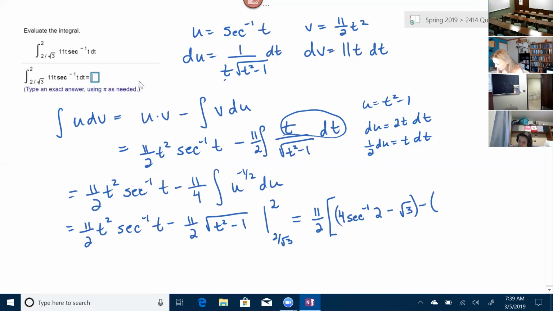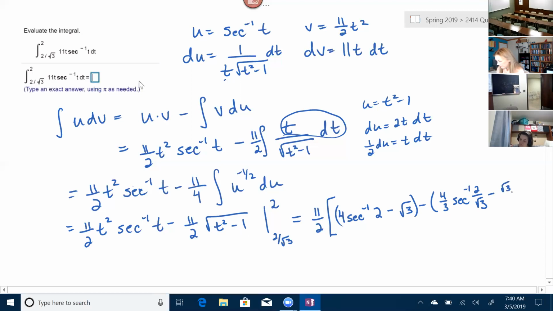And then I'm going to plug 2 divided by the square root of 3 in, which will be 4 over 3 times the inverse secant of 2 divided by the square root of 3, and then minus the square root of (2 divided by the square root of 3 squared, which is 4 divided by 3, minus 1). So 4/3 minus 1 is 1/3. So that's the square root of 1/3, which is going to be better thought of as the square root of 3 over 3 if you rationalize it.